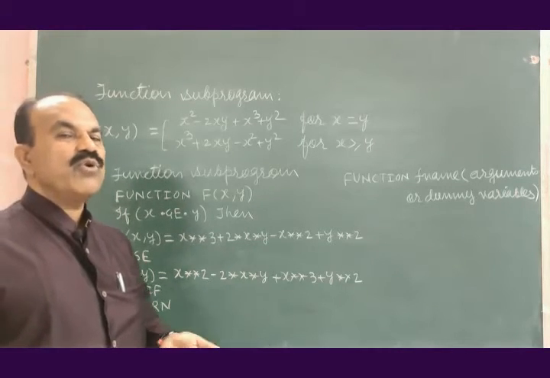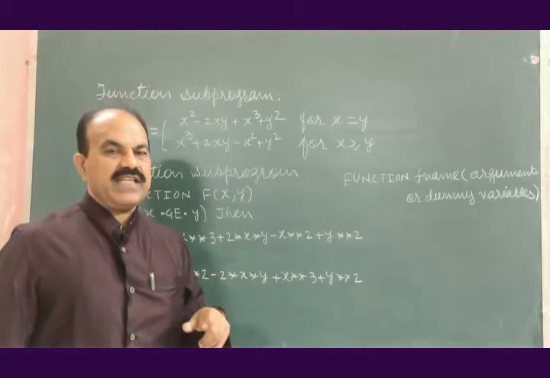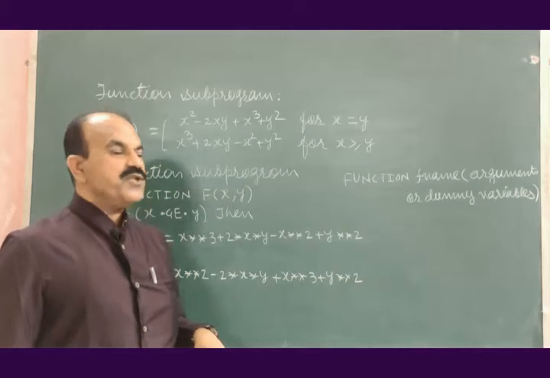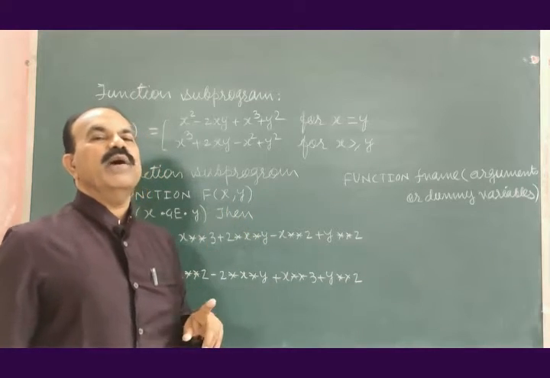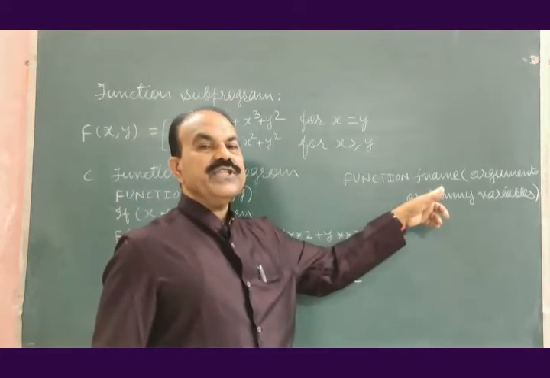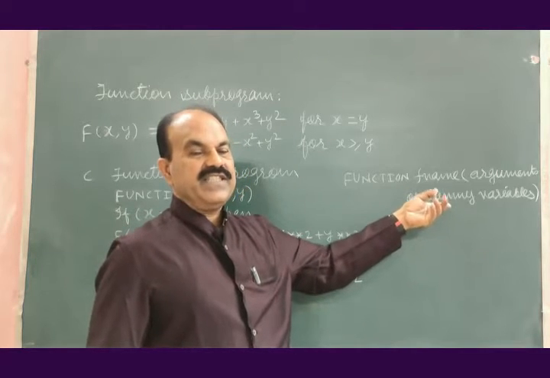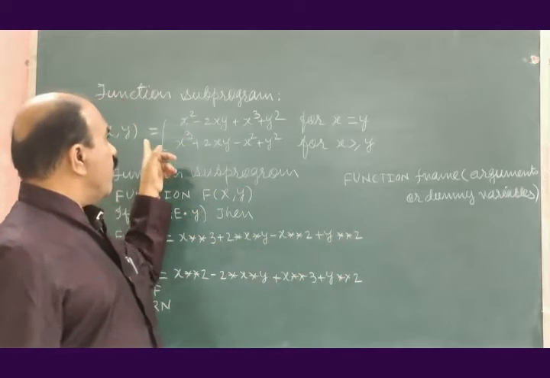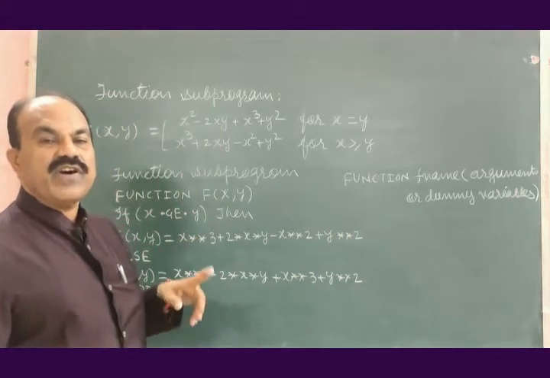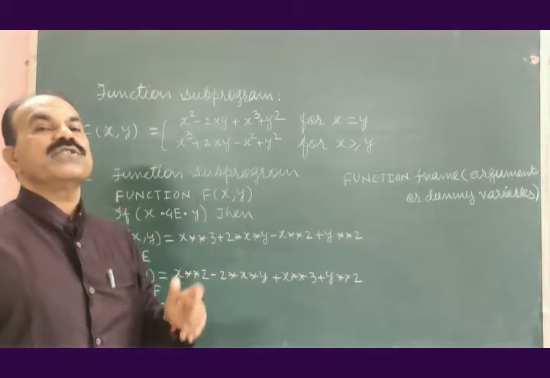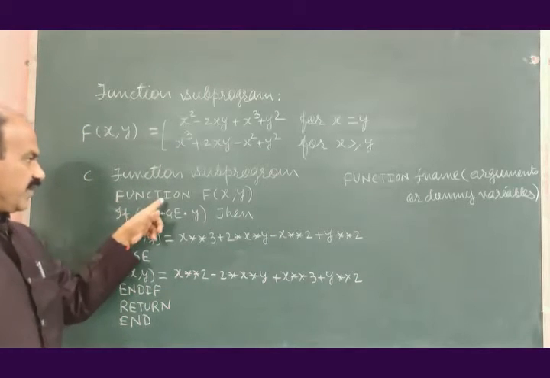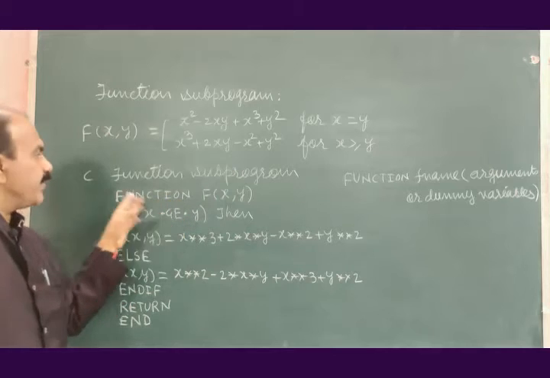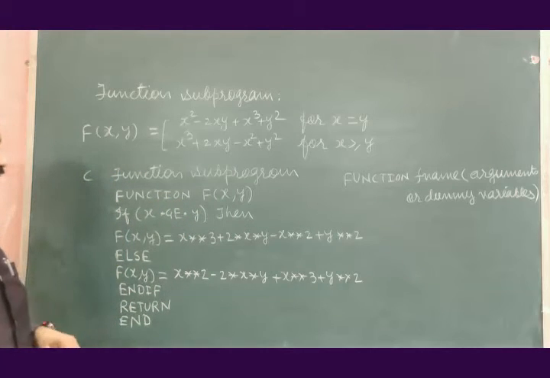When there is more than one argument or dummy variable, they should be separated by comma. So this format, this syntax is always used to define functions in a function subprogram. So a function f of xy is defined by the function in this function subprogram.